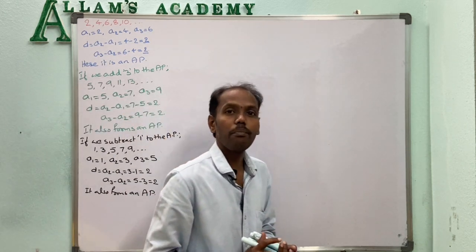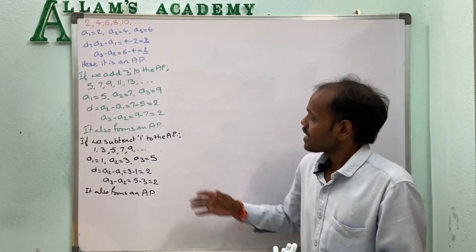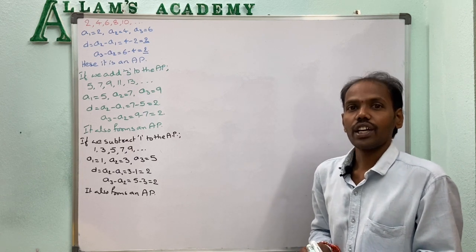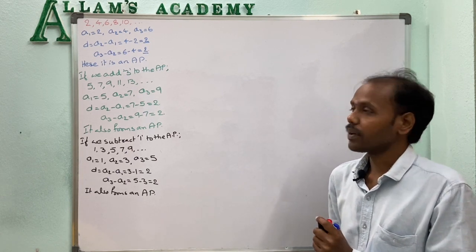Now if we multiply the AP by a number, does it form an AP or not?